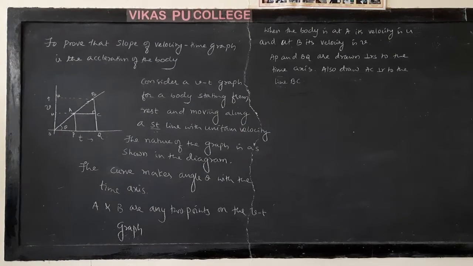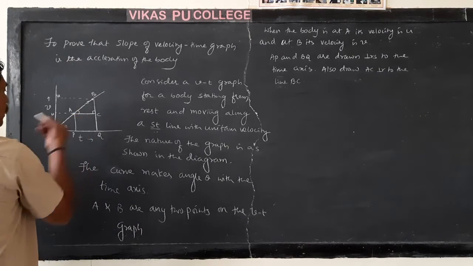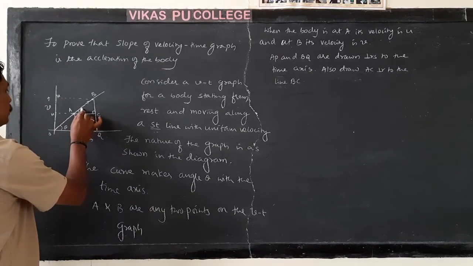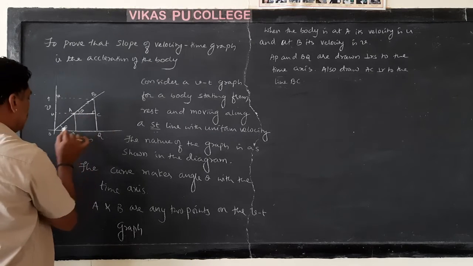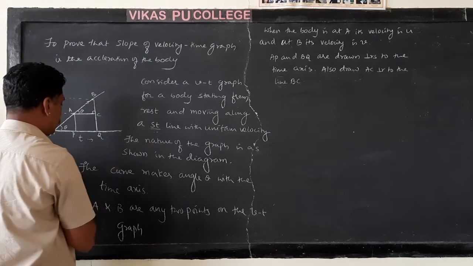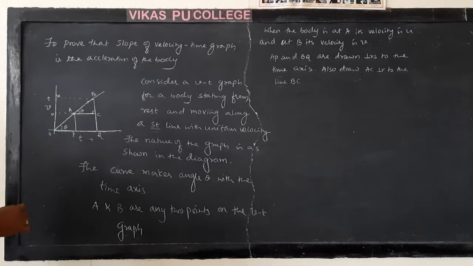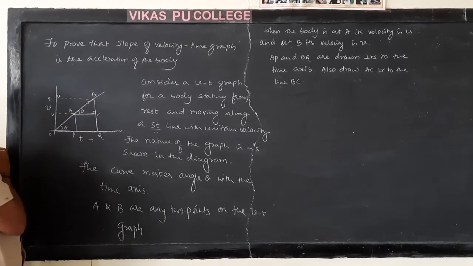And you observe the diagram carefully. When you carefully observe the diagram, you will find that angle BAC, which is here, is also theta. So these two angles are equal because AC and this horizontal axis of time are parallel to each other, and AB serves as the transversal.